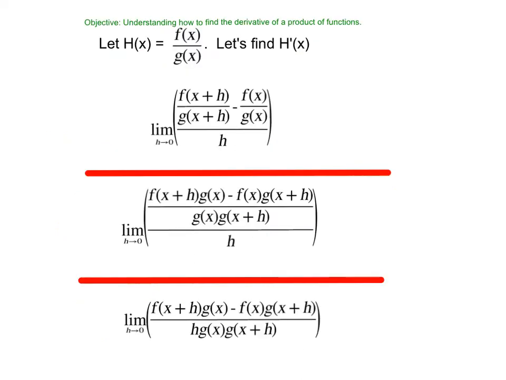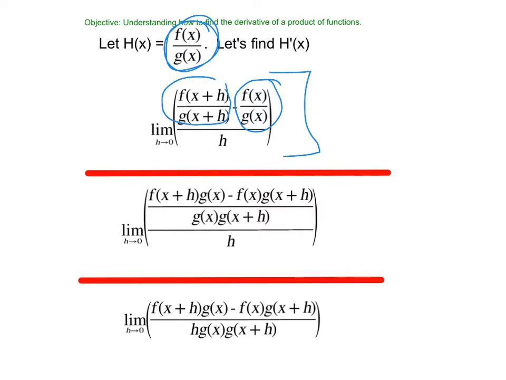So just like always, we're taking our function, using f over g, and plugging into the difference quotient: f of x plus h minus f of x, all over h. We have these fractions this time.